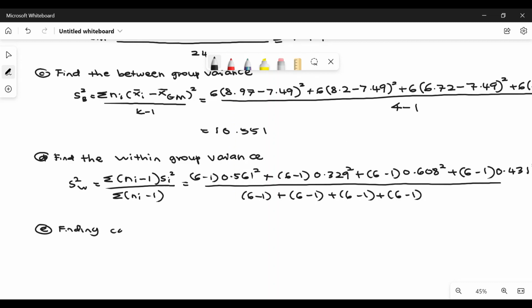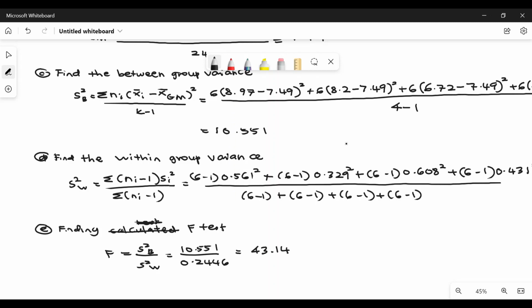The calculated F is equal to the variance from the between group, and then from the within group, which is 10.551 divided by 0.2446, which is equal to 43.14.